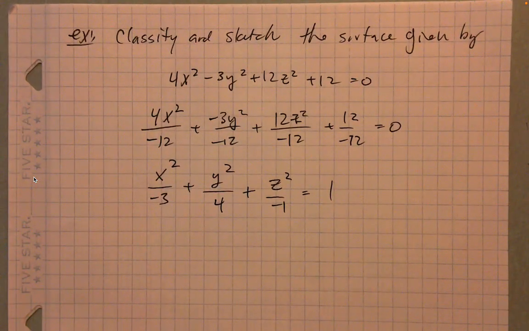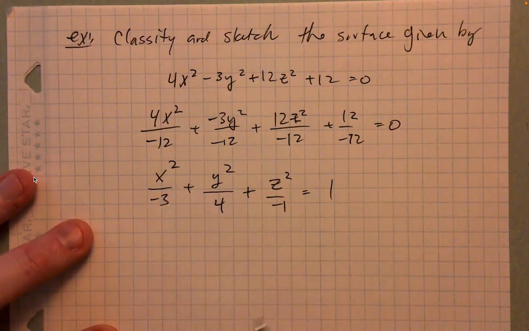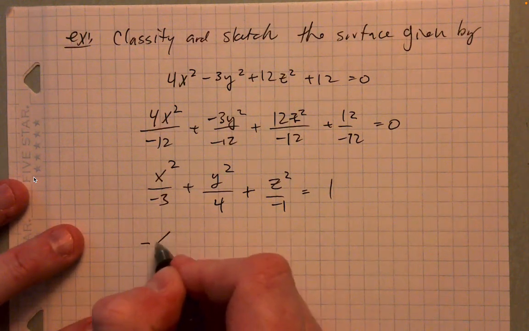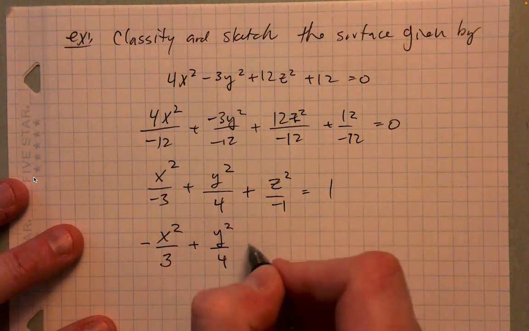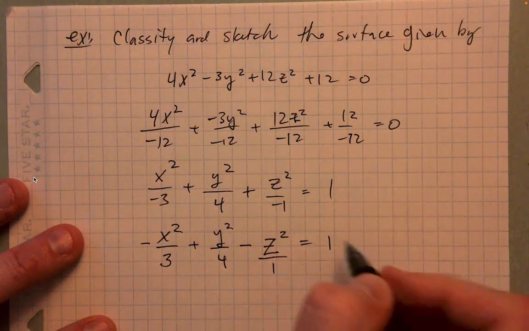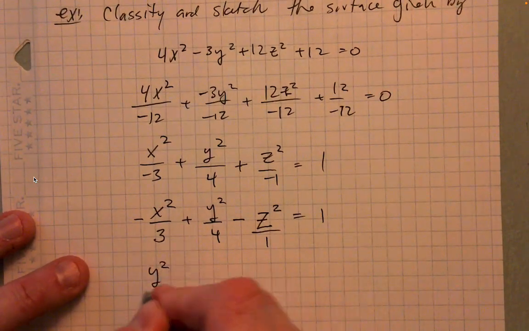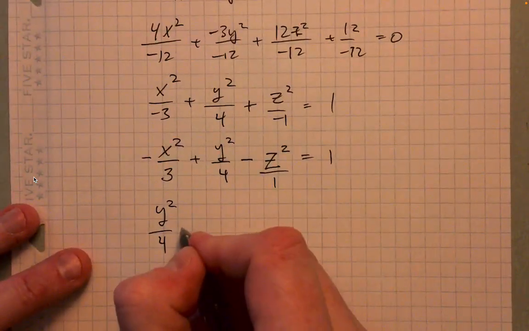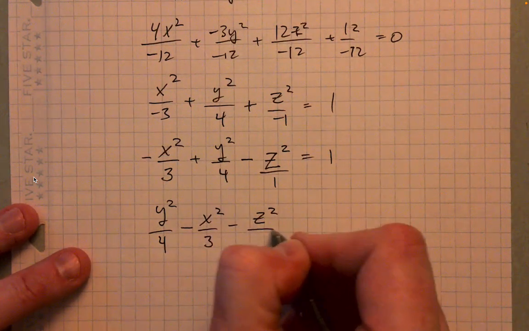A big part of determining what sort of shape we're dealing with has to do with these signs. So let's move the signs up: negative x squared over 3 plus y squared over 4 minus z squared over 1 equals 1. This would probably be best written as y squared over 4 minus x squared over 3 minus z squared over 1 equals 1.